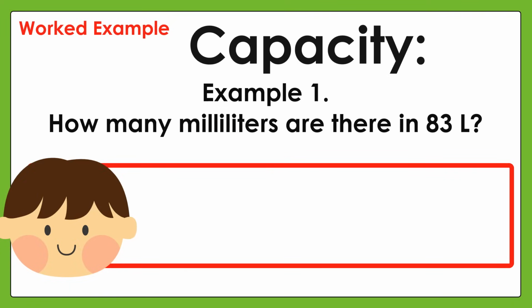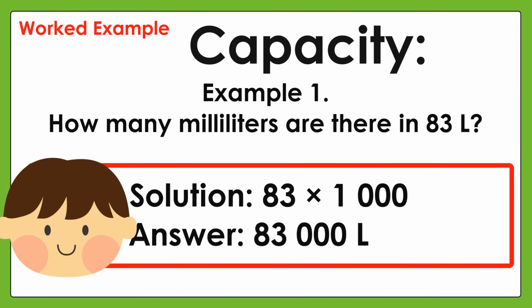Worked example for capacity. Example number 1. How many milliliters are there in 83 liters? Solution, 83 times 1,000. The answer, 83,000 liters.